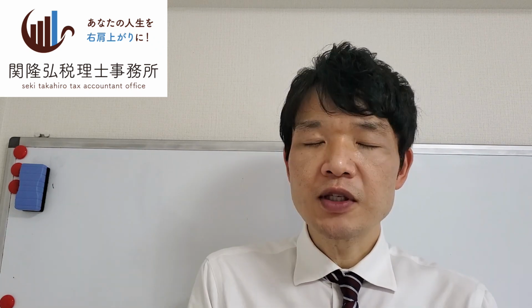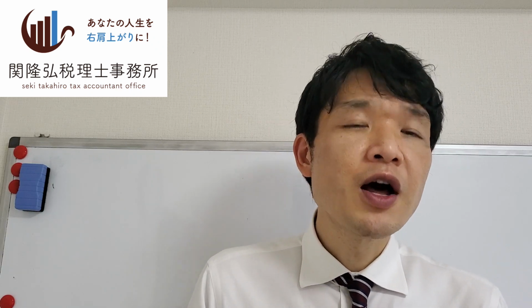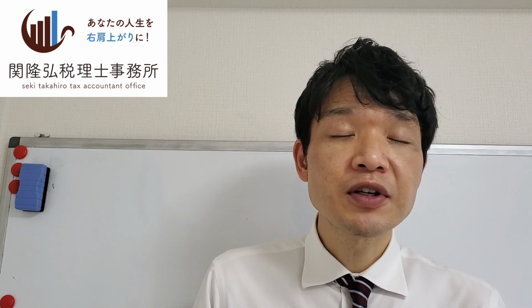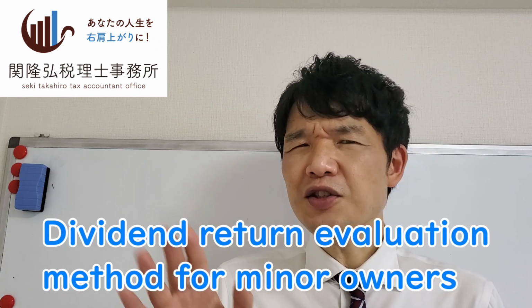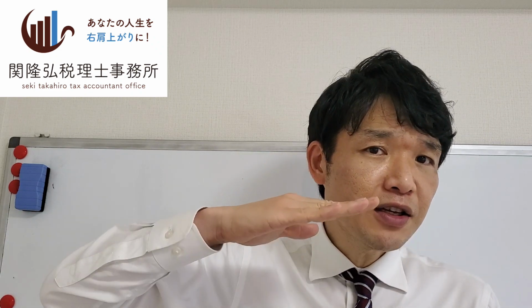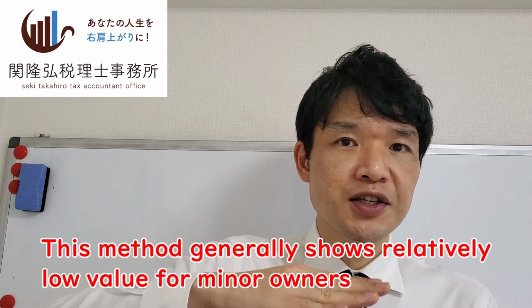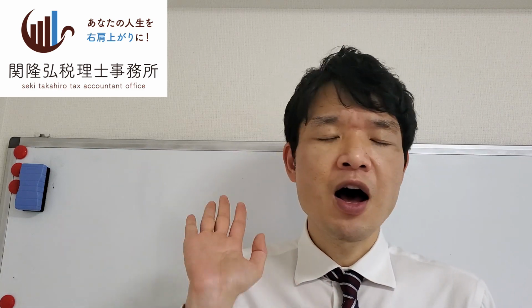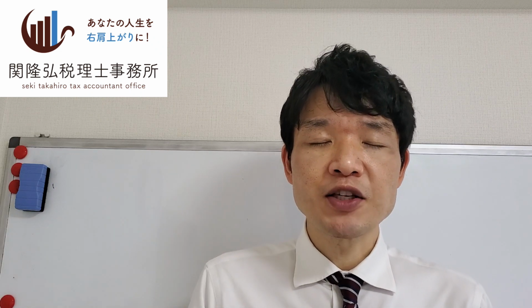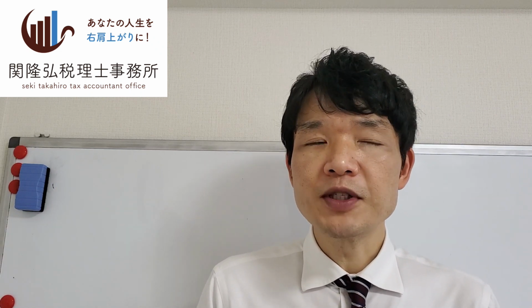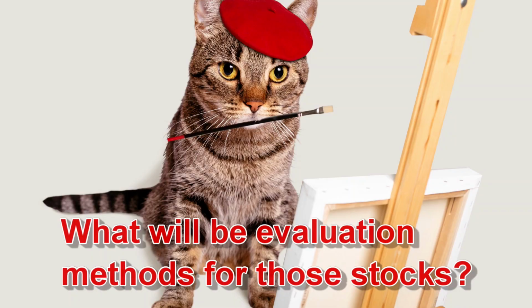In the case of minority shareholders in inheritance, they can evaluate their tax through the dividend return evaluation. It's a relatively very small price. However, in the case of family shareholders, they need to consider the controlling power of the stocks.